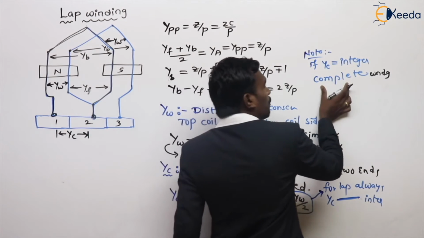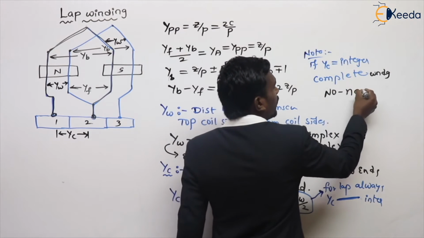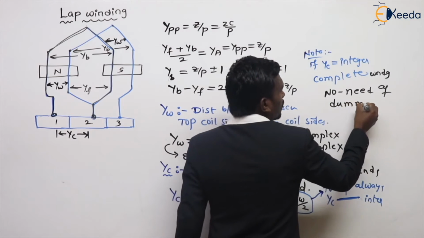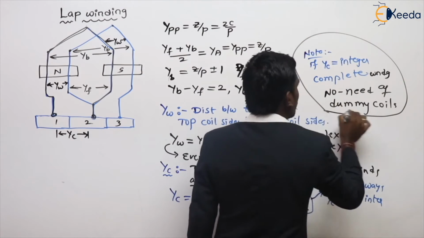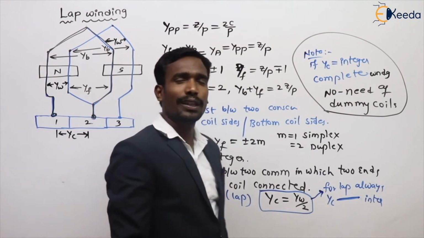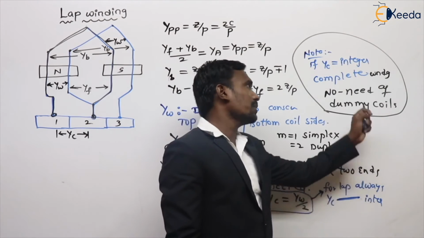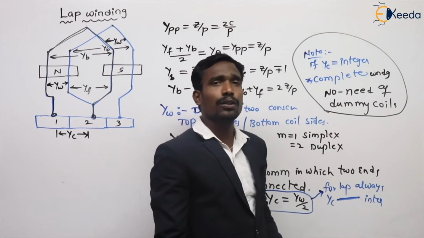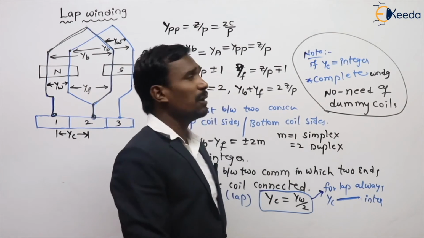Here the lap winding is a complete winding, that's why no need of dummy coils. Always for lap winding, the commutator pitch is an integer, that's why this is a complete winding and there is no need of dummy coils for lap winding.